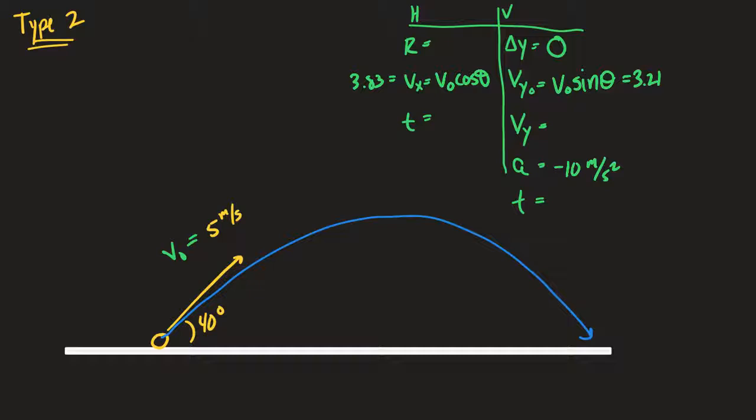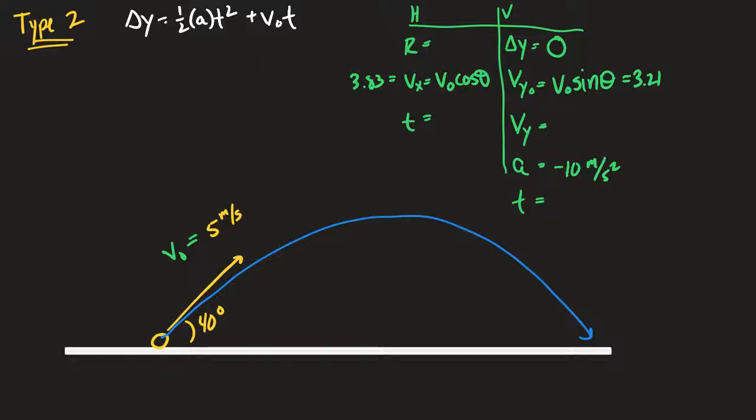There are 2 times that satisfy this equation, not 1. And I know a lot of you are making this mistake because you think that you can do math this way, and you can't. It's going to be a problem. Let me look at this. Delta y equals 1/2 a t squared plus Vy naught times t.